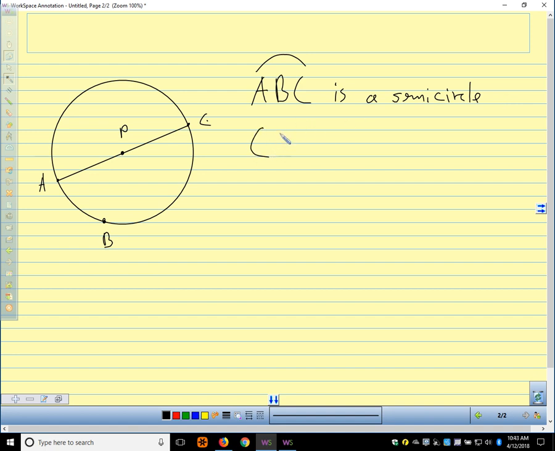Arc CAB tells us we start at point C, go through point A, and end at B. That is a major arc. So the letters tell us which direction to go around the circle, C, A to B. And arc AB is a minor arc.